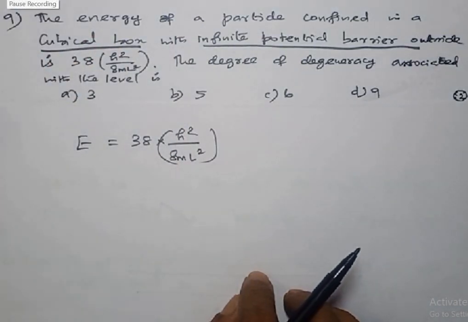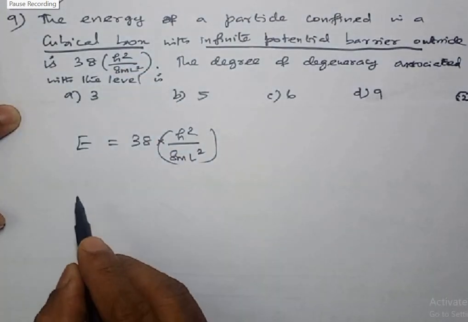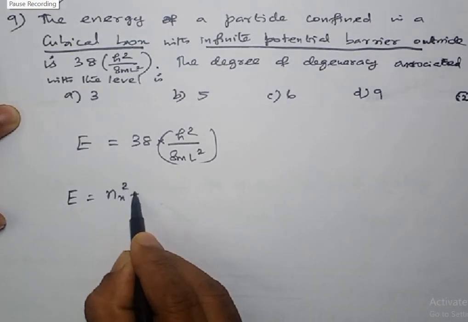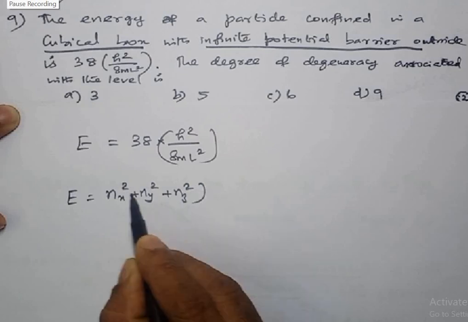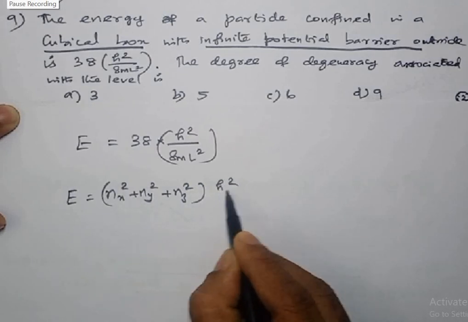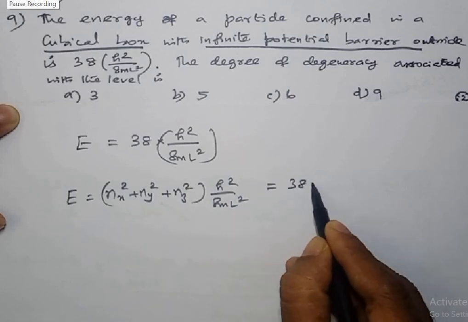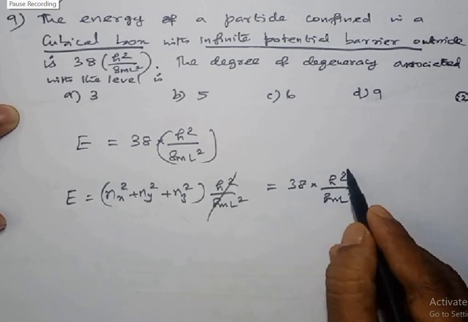Listen, how to proceed? Since it is a cubical box problem, energy is given by the formula (nx square plus ny square plus nz square) times h square by 8ml square. Now the energy is given as 38 into h square by 8ml square, so these cancel.